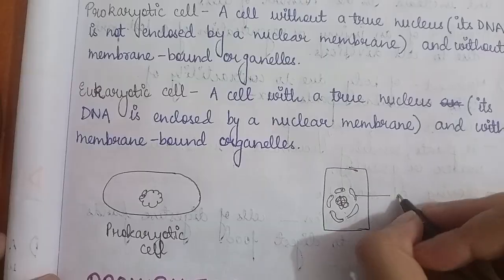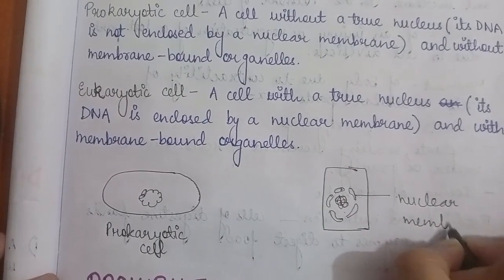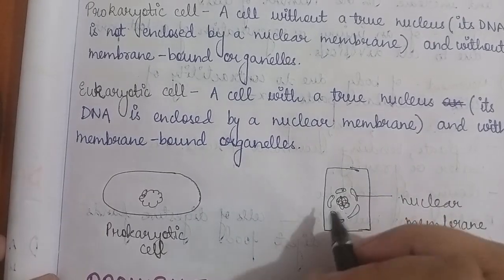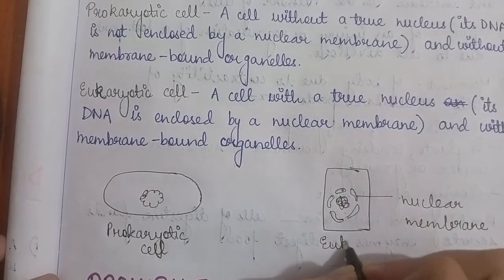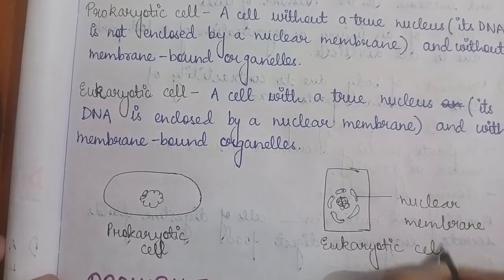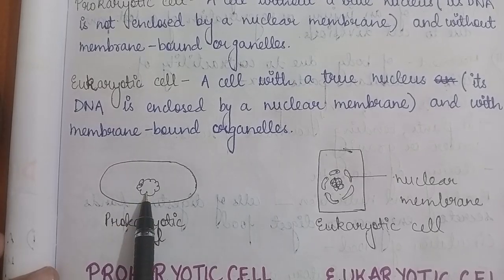This is our nuclear membrane, which is present in the eukaryotic cell and absent in the prokaryotic cell. There is no nuclear membrane present.